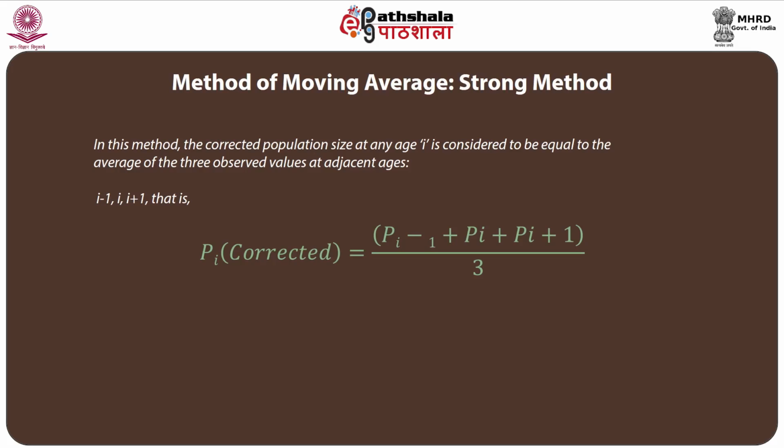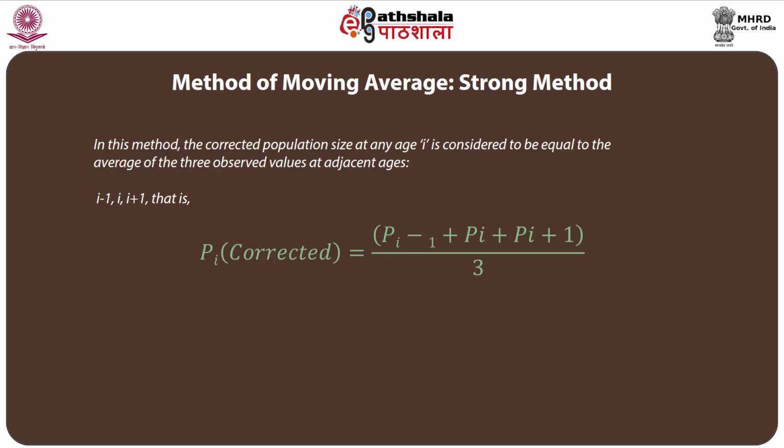Hence, if Pi is the population at a particular age group I, for instance, 15 to 19, the corrected Pi value will be the average of Pi minus 1, that is the 10 to 14 age group, Pi, which is the 15 to 19 age group, and Pi plus 1, which will be the 20 to 24 age group.